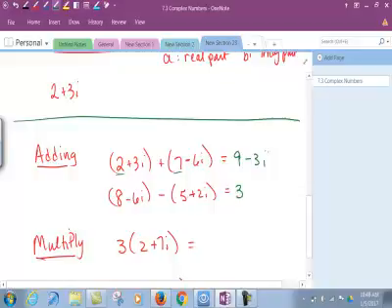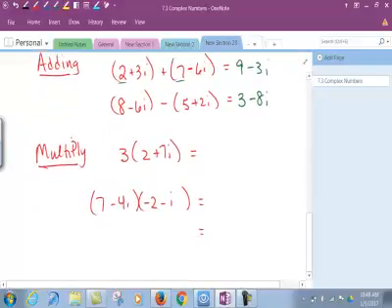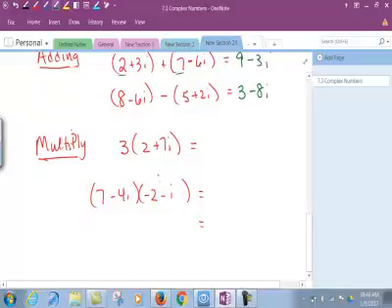And so 8 minus 5 is 3, and -6 minus 2 is -8i. And then we're done. Multiplying starts out pretty easy with the distributive property. We multiply the 3 by the 2 and we get 6, 3 by the 7i and we get plus 21i.